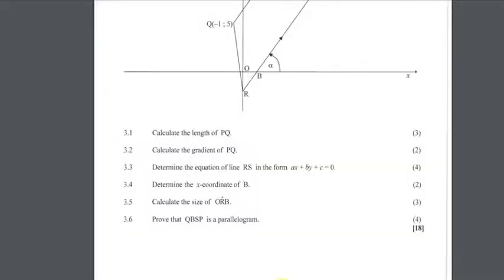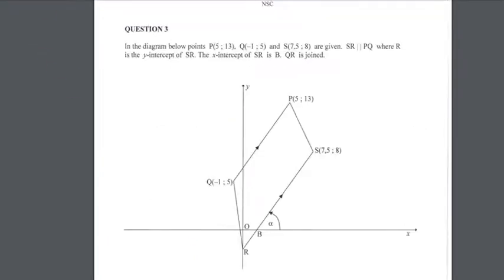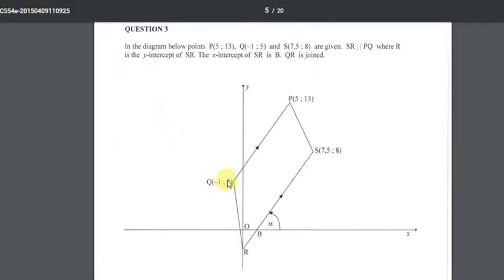Question 3.6, prove that QBSP is a parallelogram. It's a bit confusing, QBSP, not QR, QBSP. So we already know that PQ is parallel to BS.